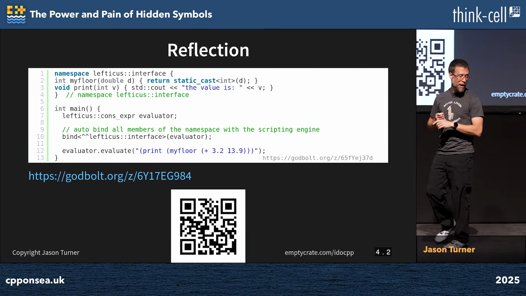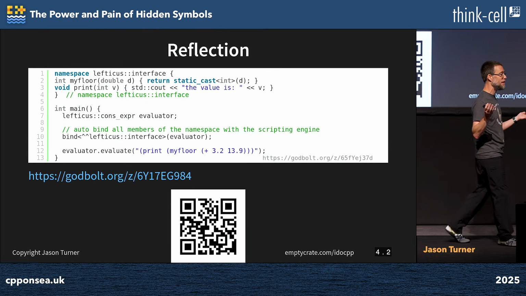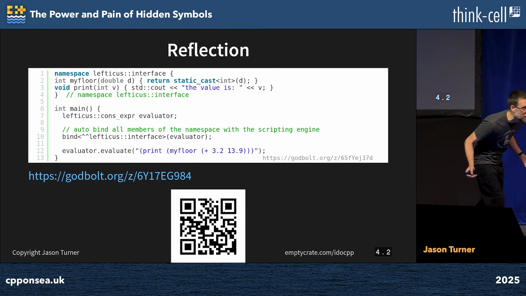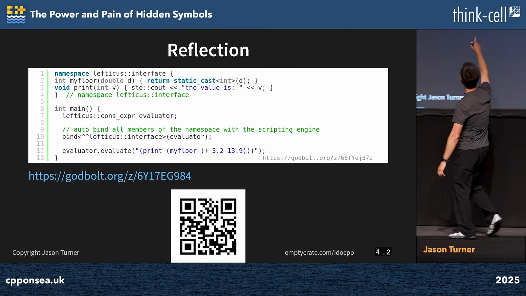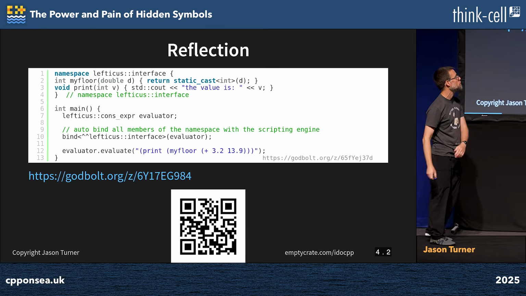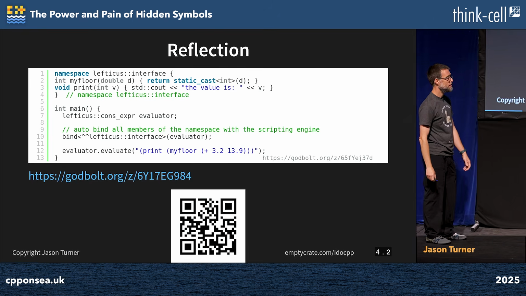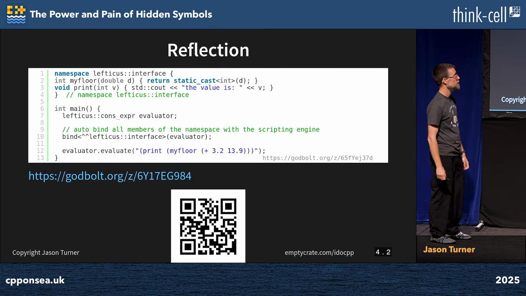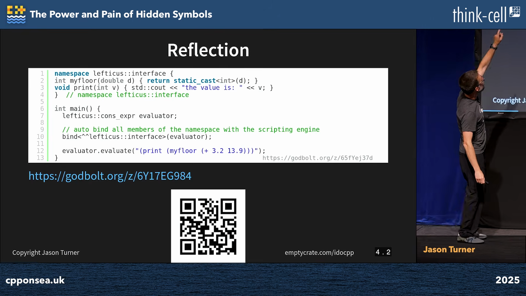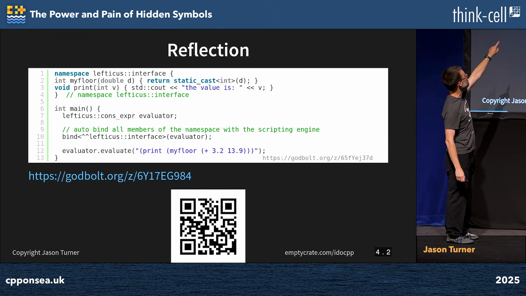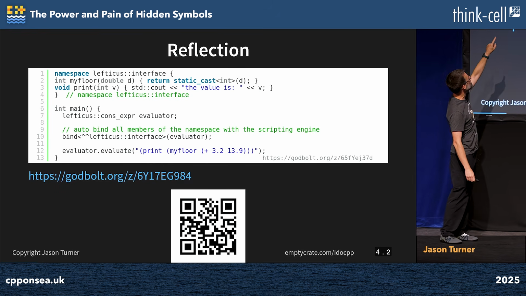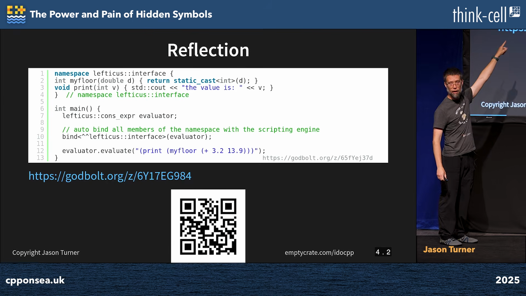So I was inspired, and this has absolutely nothing to do with my talk whatsoever, but I was able to prototype this. This is something I've been waiting for, I'm going to say, at least 20 years in my C++ journey. I have a namespace with a bunch of functions that I want to expose to my scripting engine, and I can now do that on literally one line of code, line 10.